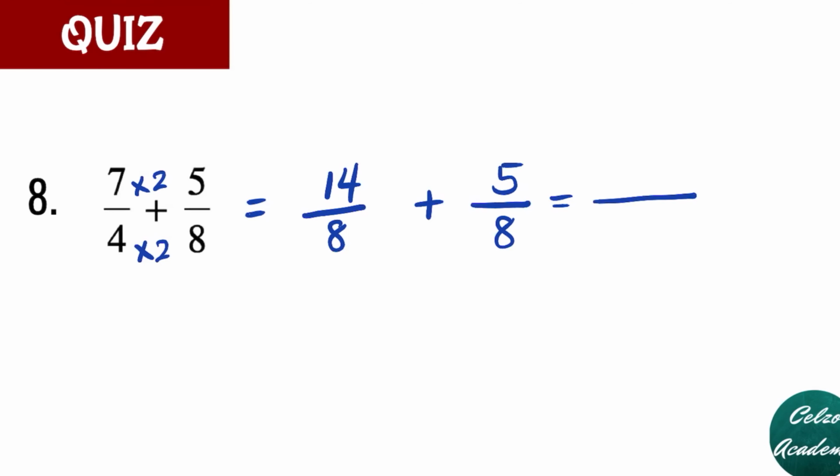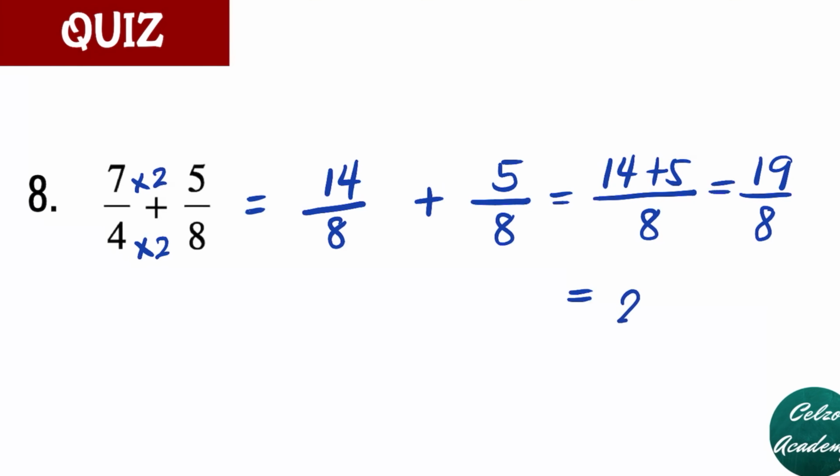So in adding, we keep denominator 8, and we add 14 plus 5, which is 19. So we have 19 over 8, and in simplest form, 8 can go into 19 two times. 2 times 8 is 16, so there is a leftover of 3. So the answer is 2 and 3/8.